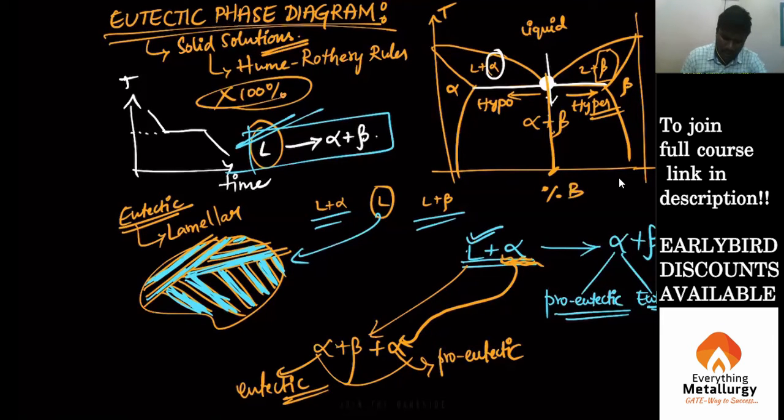So if I'm having my matrix of eutectic, otherwise I'll just draw it here again. These are my lamellar structures. Okay, my eutectic. For pro-eutectic alpha, if I'm taking pro-eutectic alpha, how will this be?